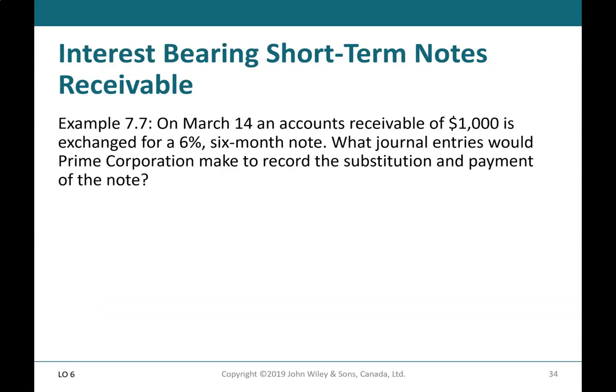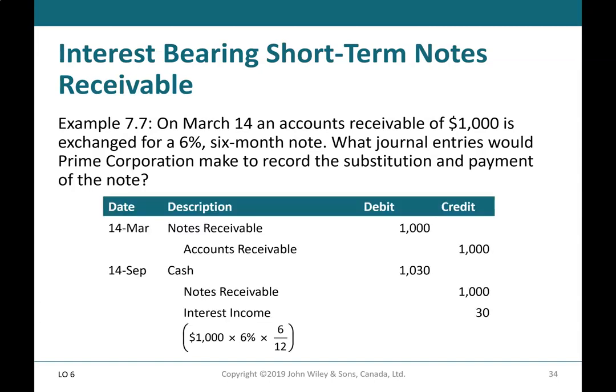Interest-bearing short-term notes receivable. Example 7.7. On March 14th, an accounts receivable of $1,000 is exchanged for a 6% 6-month note. What journal entries would Prime Corporation make to record the substitution and payment of the note? On March 14th, you would debit notes receivable for $1,000 and credit accounts receivable for $1,000.